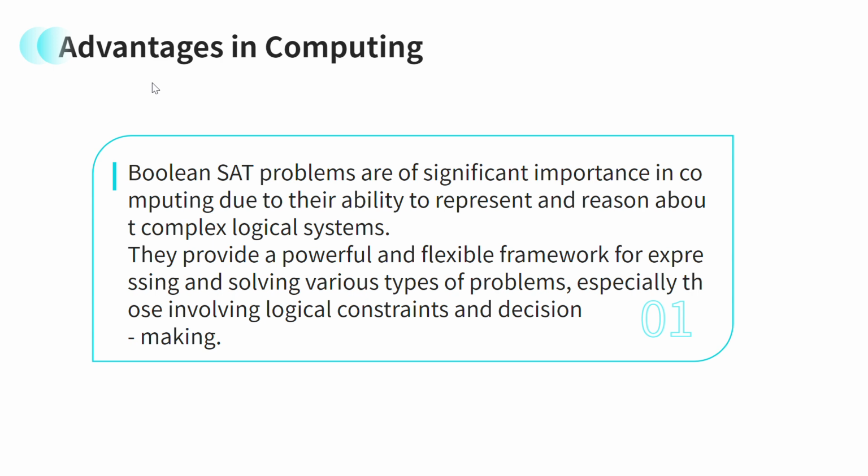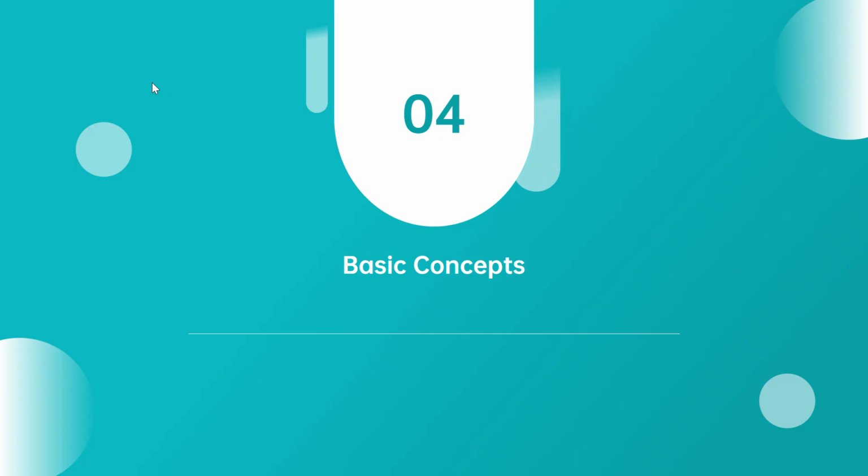Advantages in computing: Boolean SAT problems are of significant importance in computing due to their ability to represent and reason about complex logical systems. They provide a powerful and flexible framework for expressing and solving various types of problems, especially those involving logical constraints and decision making.